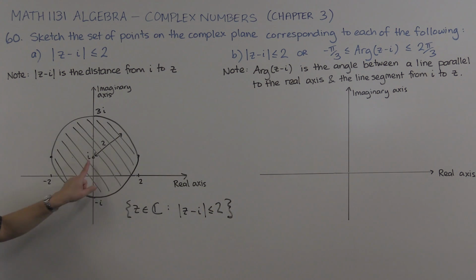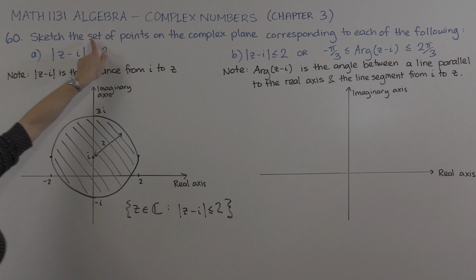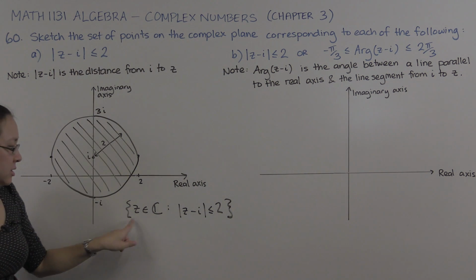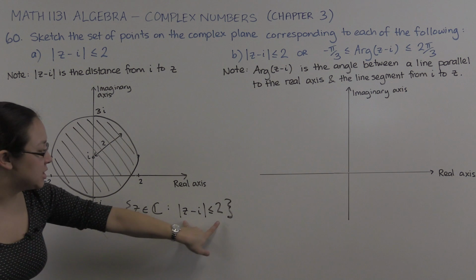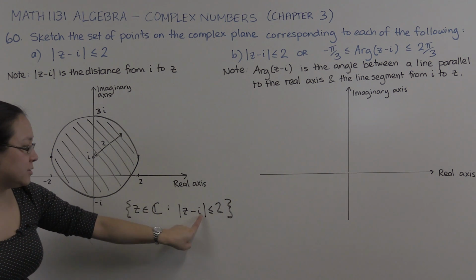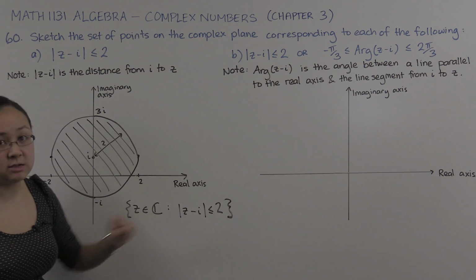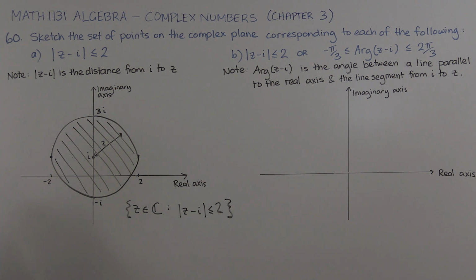That's what we have sketched there: the set of points in the complex plane such that the distance from i to z is less than or equal to 2. Equal to 2 would just be a circle, and less than or equal to is the whole disk, including the boundary.